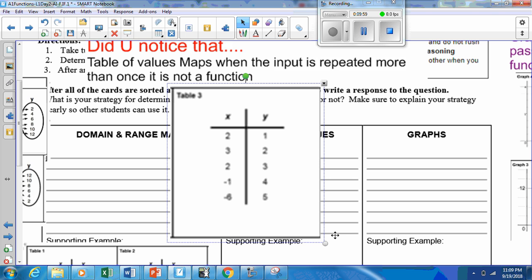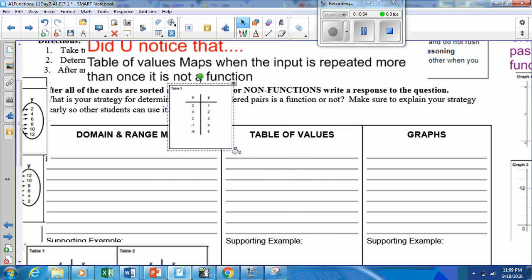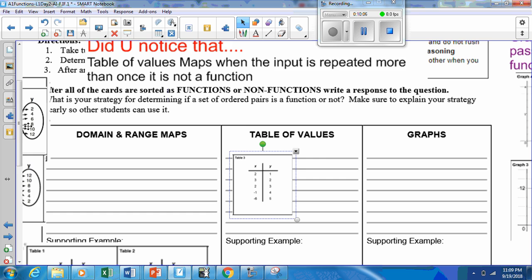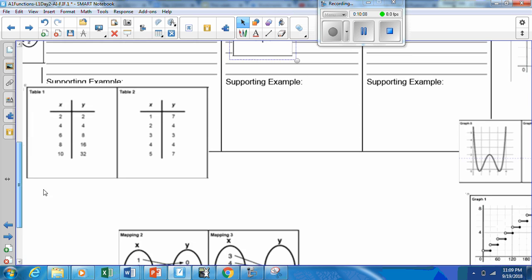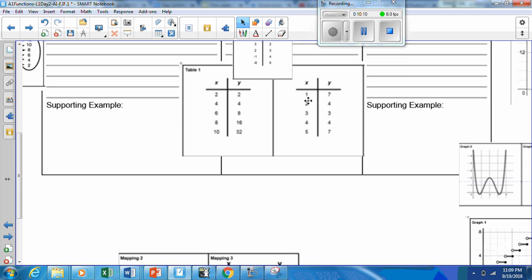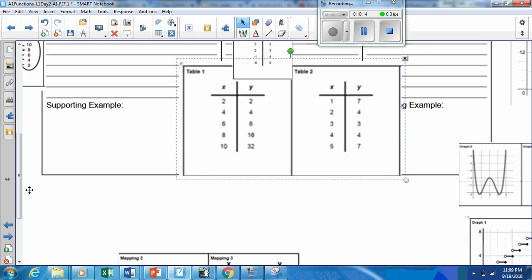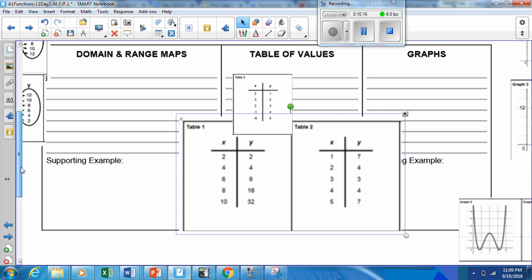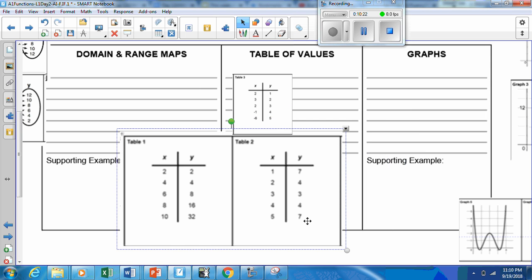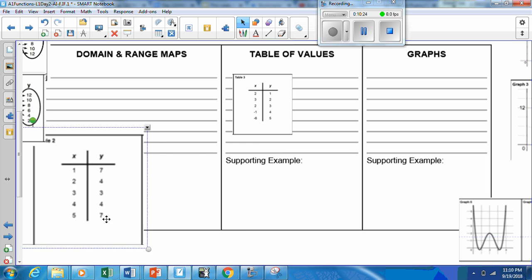Its counterexamples would be as follows. Two tables of values. None of the x's repeat, and as a result, we can classify that as a function. Table 1 and 2 could be classified as a function. Okay, fortunately, not table 3.